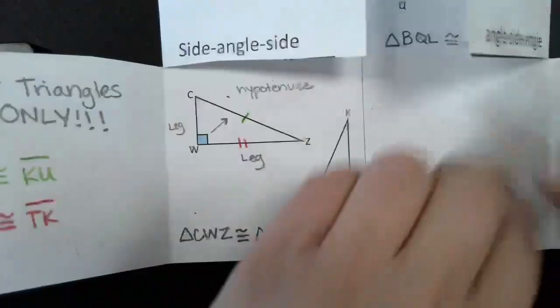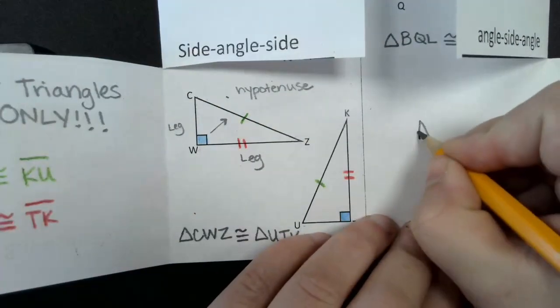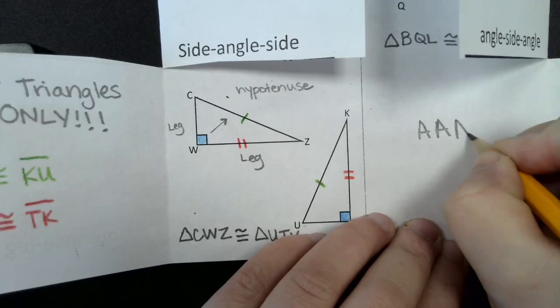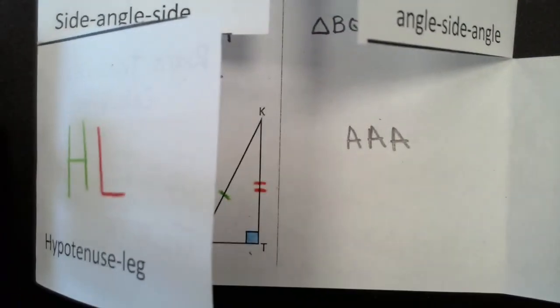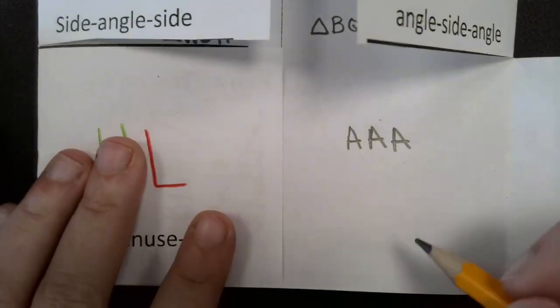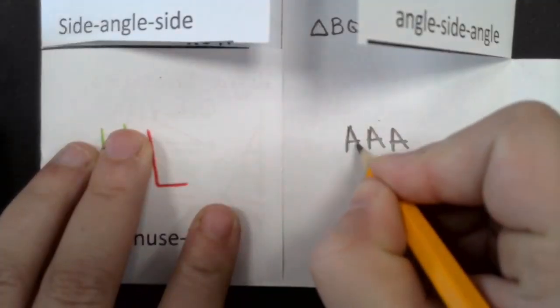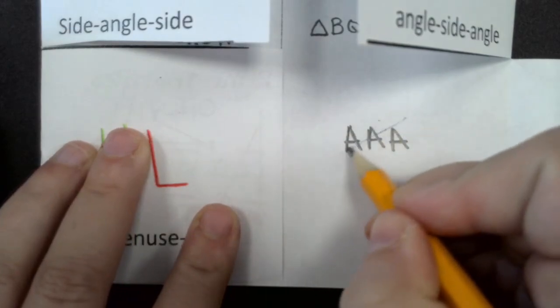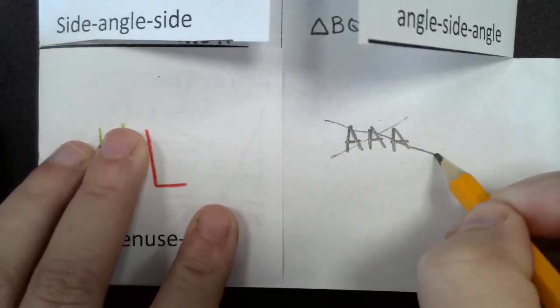So something that does not work is angle, angle, angle. If all three angles are congruent, we cannot say that those triangles are congruent. That is not a theorem. Angle, angle, angle does not work. So I'm going to do that A, and then I'm going to lightly, lightly, lightly cross it out, showing it does not work.